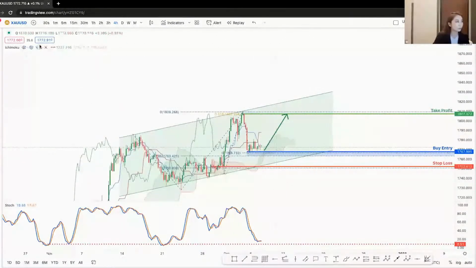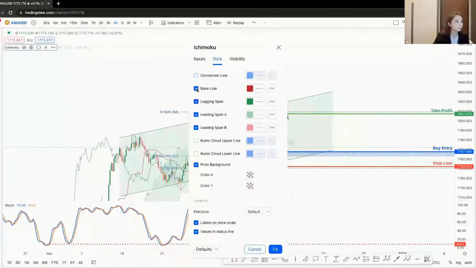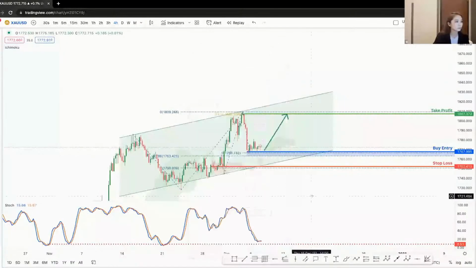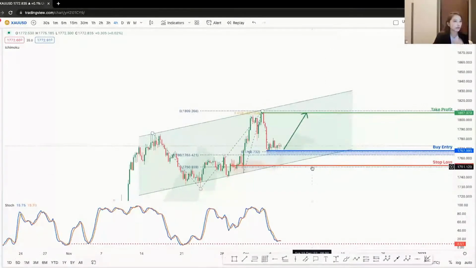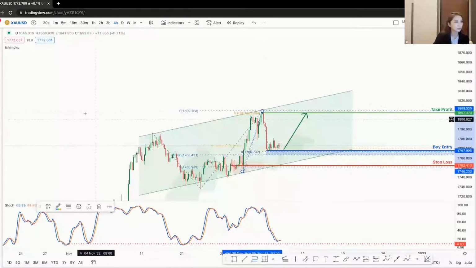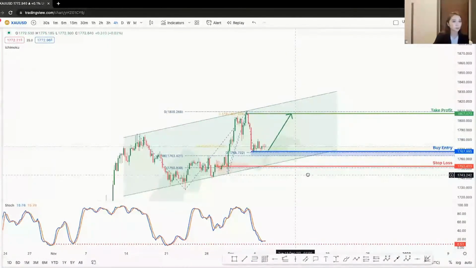Price is also holding above our cloud. Okay, this is my take. Let me just add in a retracement, 61.8 as well. This is what I'm looking for gold.